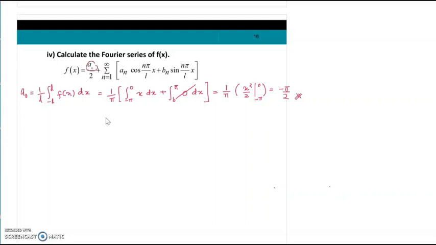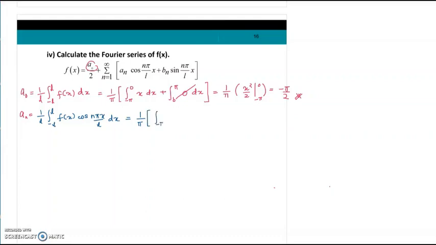All right, and then the AN. AN in general is given by 1 over L, integral from negative L to L, fx cos n pi x over L dx. So what we are going to have is 1 over pi. Again, the integral should be divided into 2.